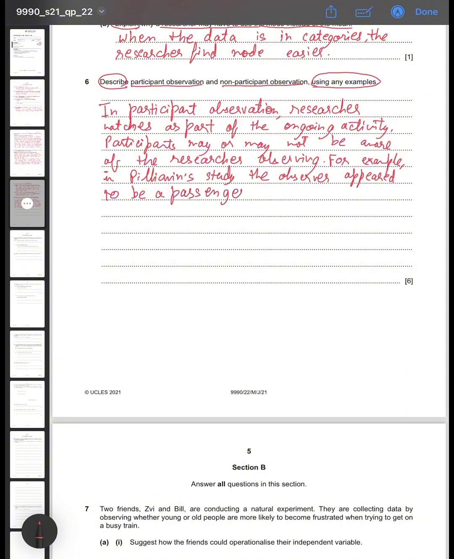So this is the example you are giving from a core study. If you want to give any other general example, you can write that if an observer joins in with children's game to record their behavior, that is also part of the participant observation.